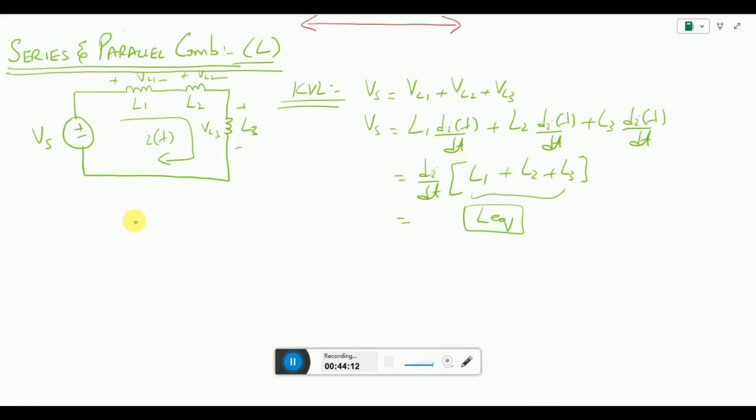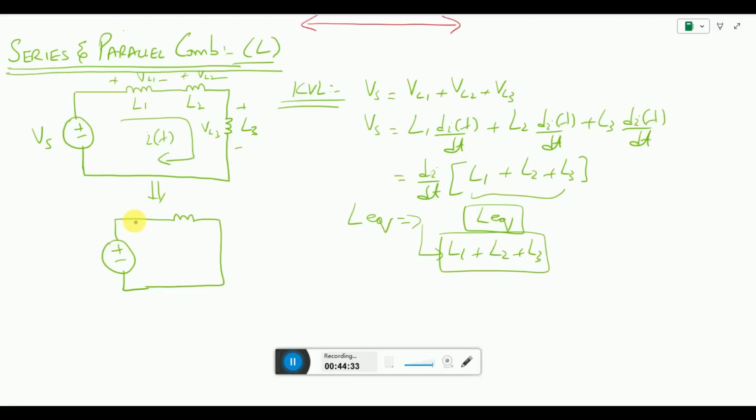So for inductors connected in series, we can simplify these three inductors into an L equivalent, which will be the sum of L1 plus L2 plus L3. So this circuit gets simplified to a simple voltage source connected with a single inductor, whose value is L equivalent and whose voltage will be V_L equivalent, with the current flowing as i(t).